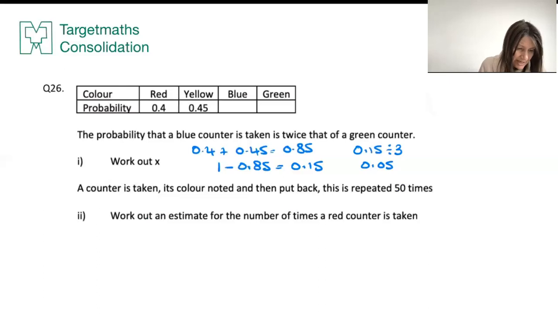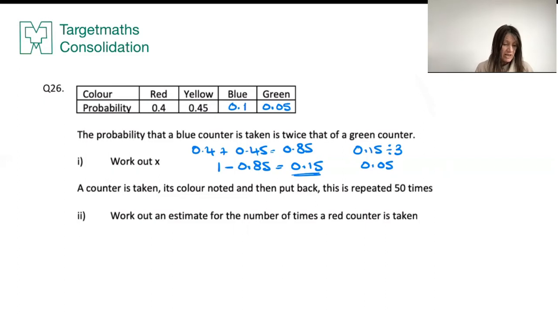So the blue counter is twice that of the green. So the blue counter is going to be 0.1. And then this is going to be 0.05. Together they make the 0.15 that it needs to make. And one is twice bigger than the other.